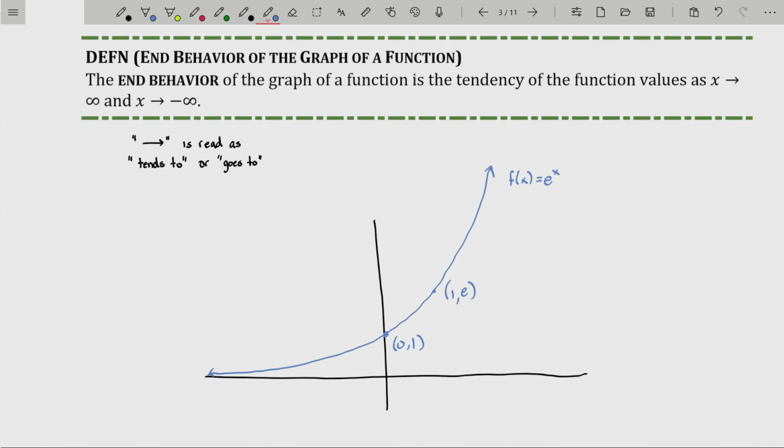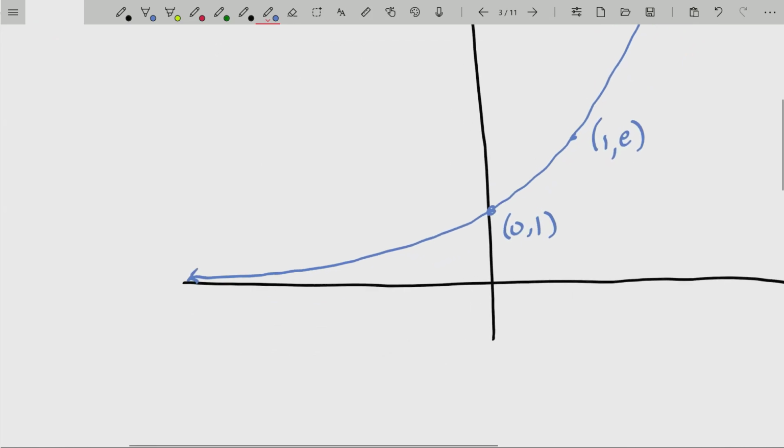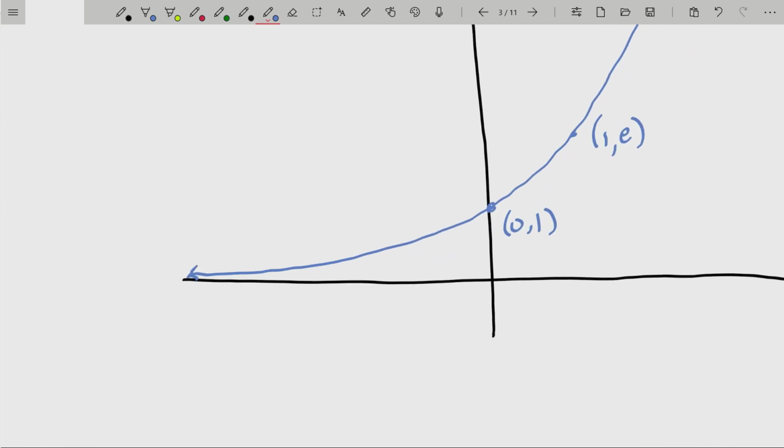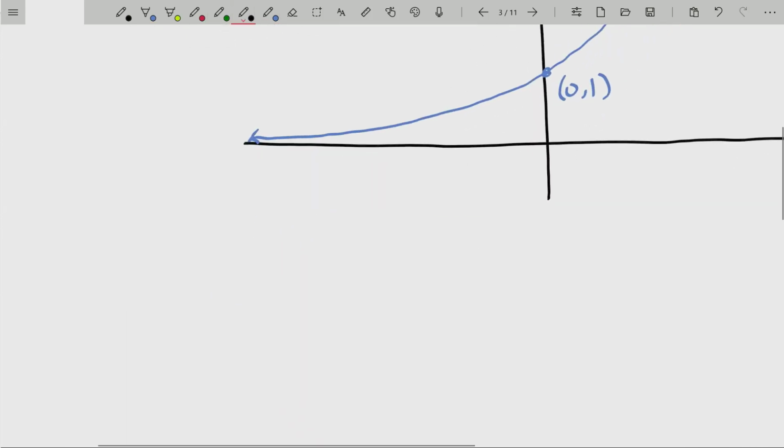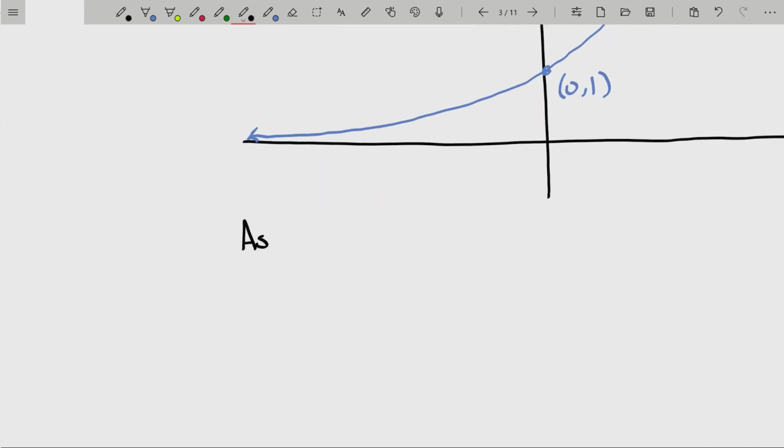And you should know from exponential functions from algebra 2 that as x goes to the negative direction here, our exponential function gets closer and closer to the x-axis, but it will never actually intersect the x-axis. And the way you would write that in terms of end behavior is you would write it this way. As x tends to negative infinity, f of x tends to 0.